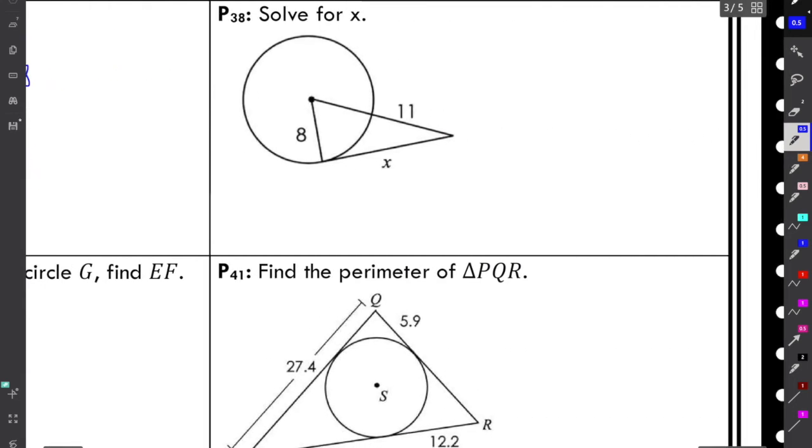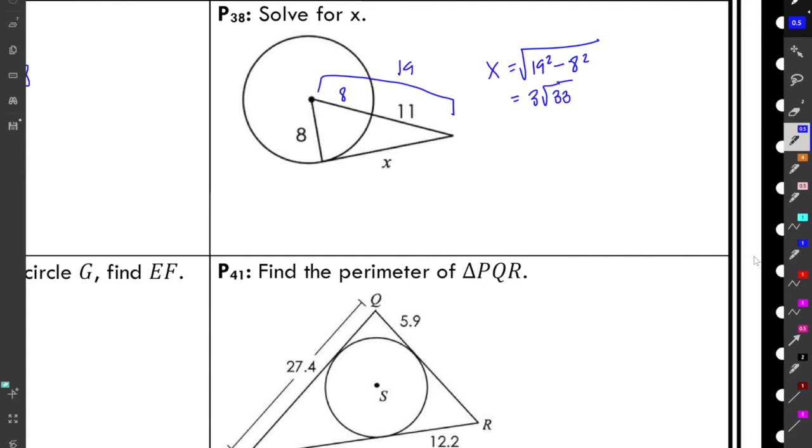38. Solve for x here, okay? Our radius is 8, so this is also 8. So 8 plus 11 is 19. Alright, so to solve this, x is going to be equal to, it's a leg, so it's going to be the square root of the hypotenuse squared minus the leg squared. 19 squared minus 8 squared, square rooting that, it gives me in my calculator 3 square roots of 33.